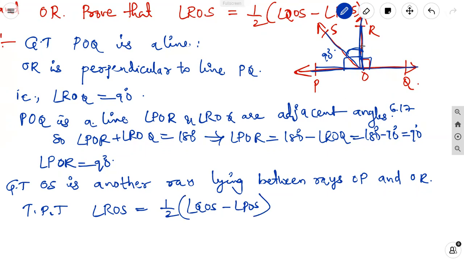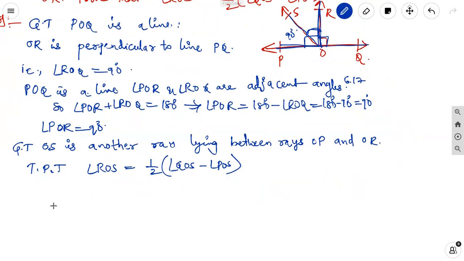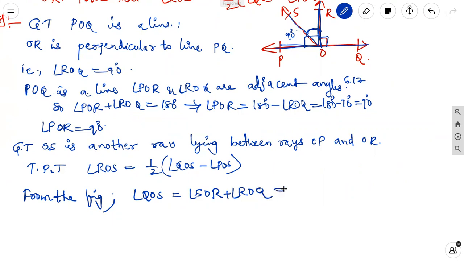Here, first of all, we can write from the figure, angle QOS is equal to angle SOR plus angle ROQ. That is equation 1.